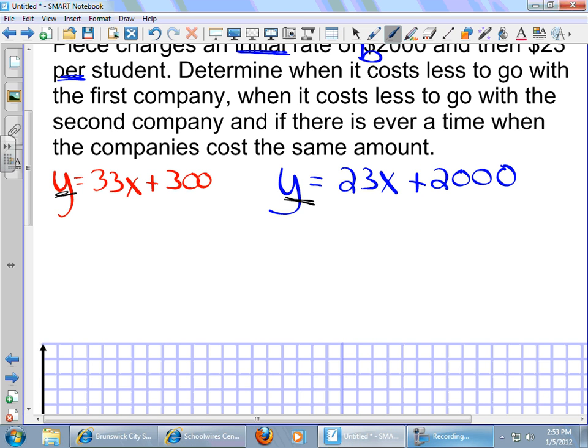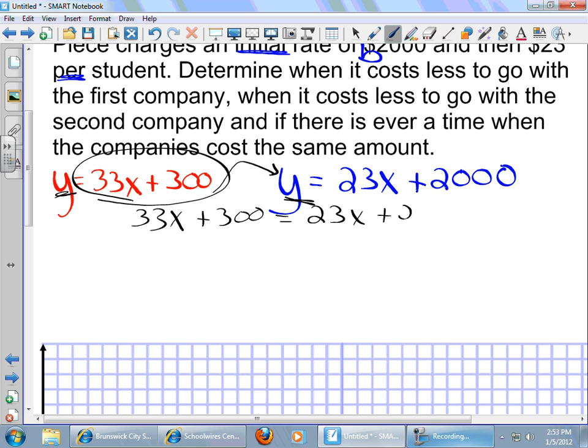So I'm just going to substitute this in for y and get 33x plus 300, and that'll have to equal 23x plus 2,000. I'll subtract 23x from each side, and I'll also subtract 300 from each side.